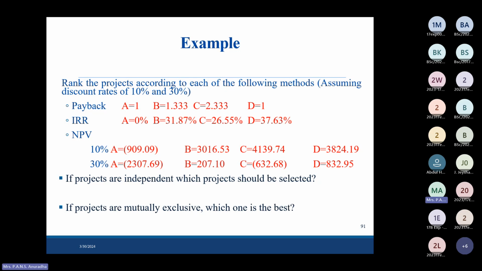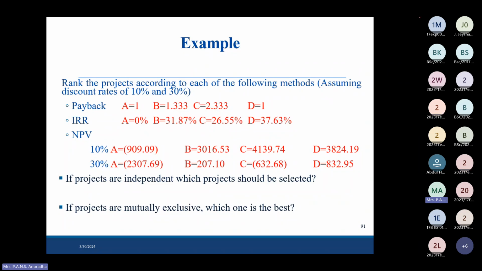Tell me the answer. You are given payback period, IRR, NPV at 10% level, and NPV at 30% level. Project B, C.